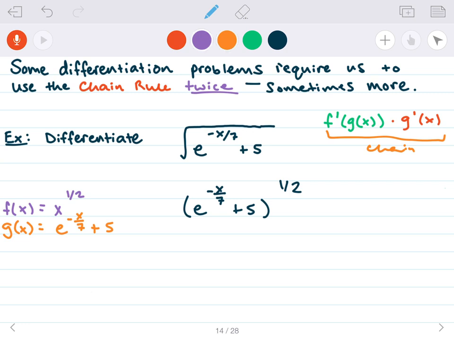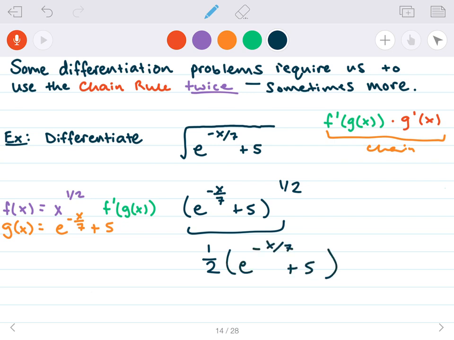Now f prime of g of x, let's write it over here, f prime of g of x. Remember, we're just taking the derivative of the outer function while leaving in g of x in for x. So when we take the derivative of this right here, we have 1/2 e to the negative x over 7 plus 5 to the negative 1/2.